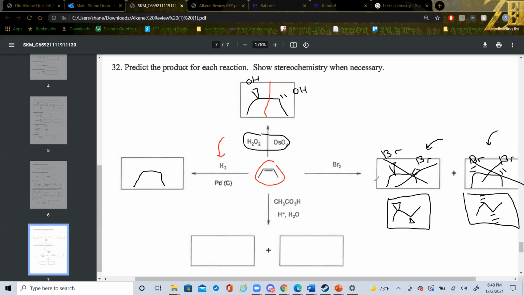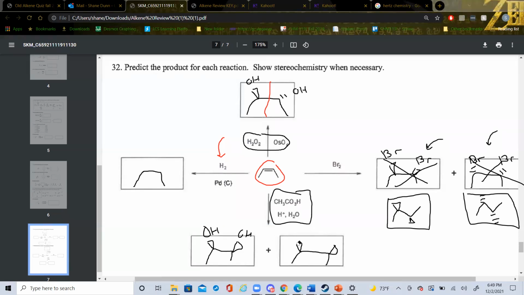It's a racemic mixture. The same thing occurs with this guy down here. I'm drawing what I draw them as, but same thing. It's a racemic mixture. OH, OH.